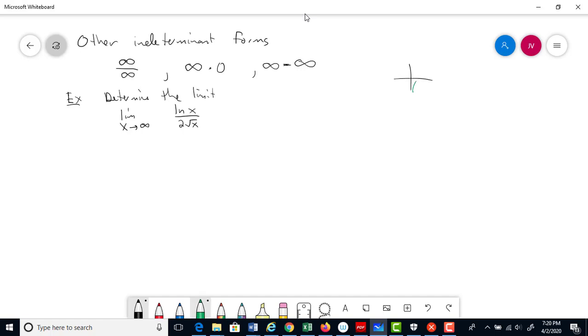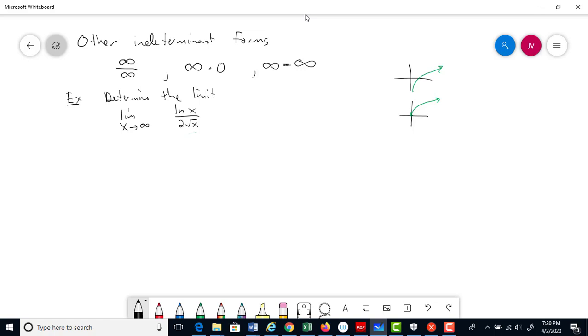It goes here and then shoots off into infinity kind of slowly, but it still goes into infinity. Now we know that our square root of x looks like this. It starts here and also kind of goes off into infinity, like a sleeping parabola. So this is going to go to infinity, and this is going to go to infinity. So we have a rational form of infinity over infinity, so we're going to go ahead and apply L'Hopital's rule.